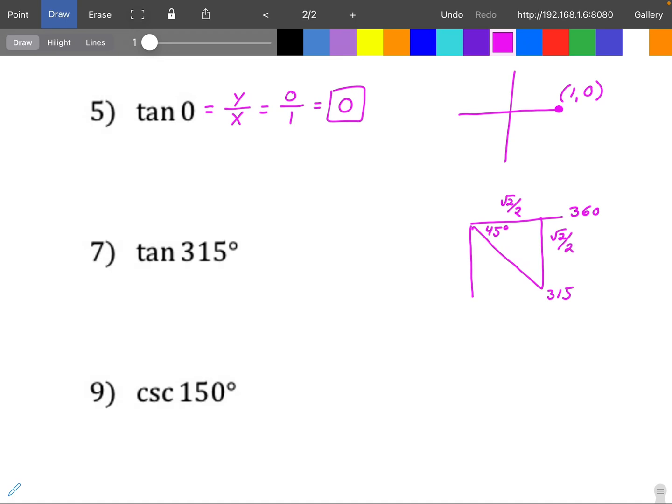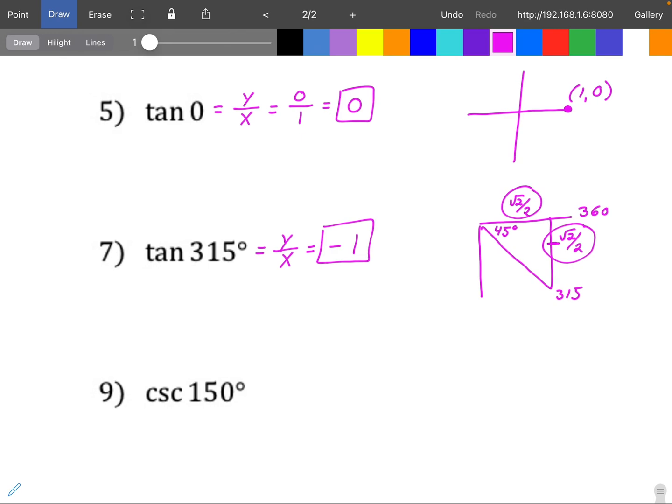But in the fourth quadrant, the x is positive, the y is negative. Now for tangent, we want y over x, and since both x and y are some version of square root of 2 over 2, that means that we know our answer is going to be some version of 1, because we divide something by itself, we get 1. Now we have a negative divided by a positive, which gives me a negative, and then that would be 1.